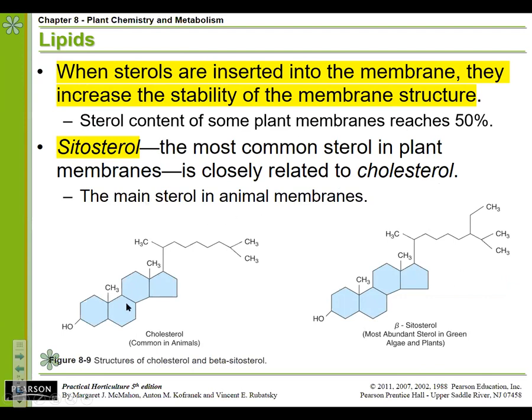Cholesterol is not found at all in plants, but is commonly found in animals. It has a very similar structure to sitosterol, which is the most abundant sterol in plants.